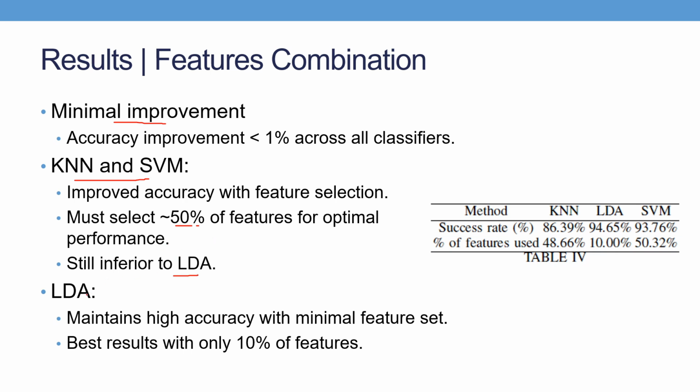Best result, again, LDA has a high accuracy with a minimal feature set. Selecting only features, it was able to achieve a high accuracy with only 10% of the features.